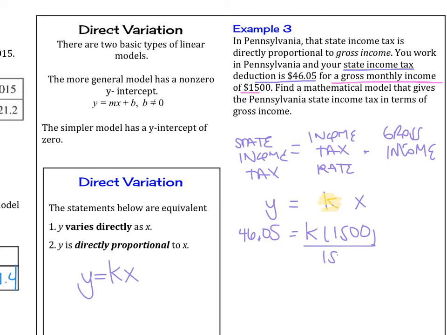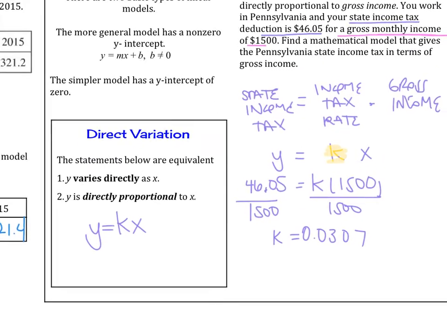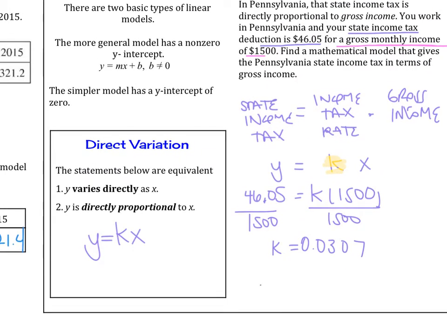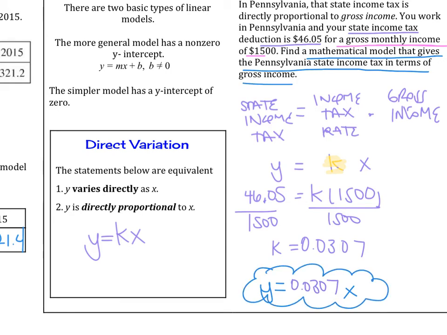Then we solve for k. Here k is approximately 0.0307. So we take that and plug it in, and we have y equals 0.0307 times x. So this is the mathematical model that gives the Pennsylvania state income tax in terms of gross income. We're just trying to find that model.